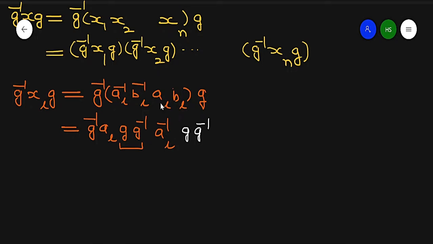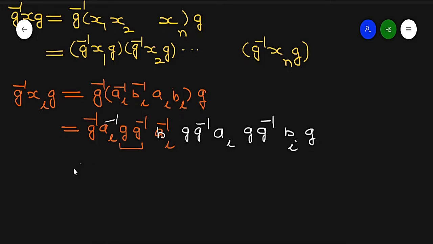After that, g inverse bi inverse, then g into g inverse, next is ai, again g into g inverse, next is bi, and next is g.